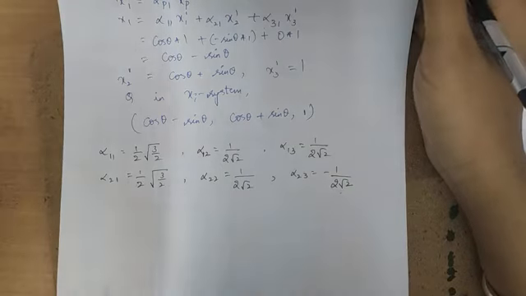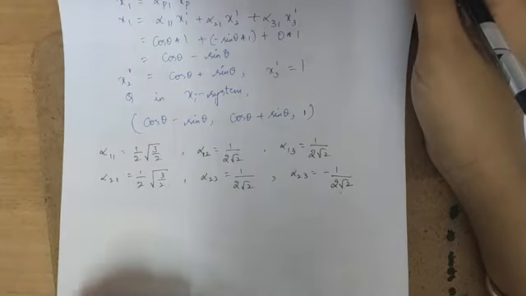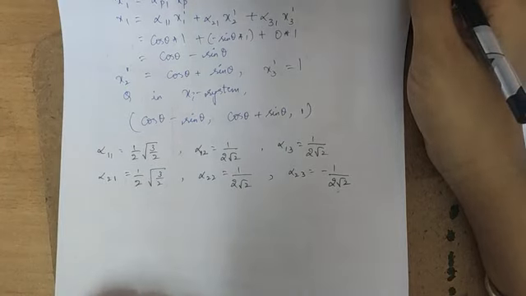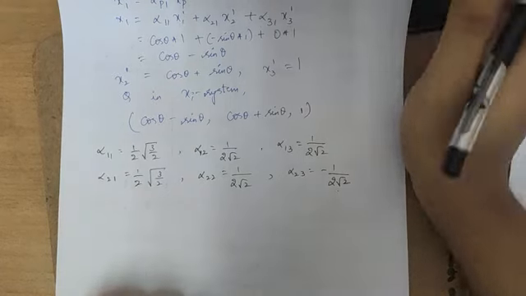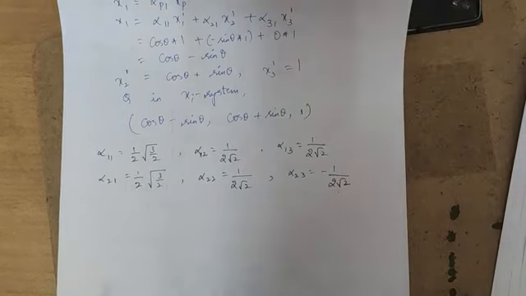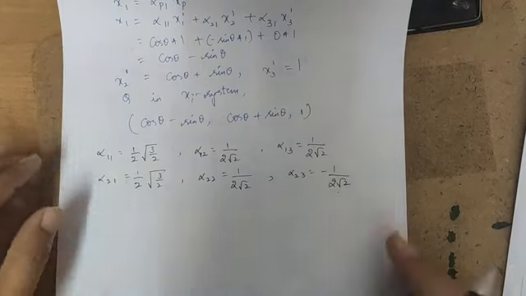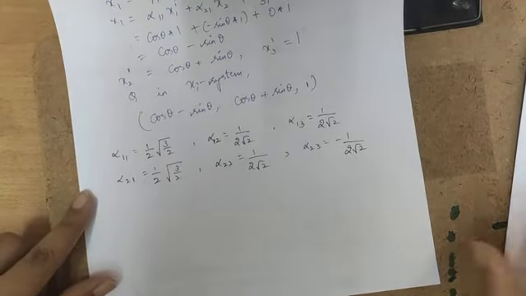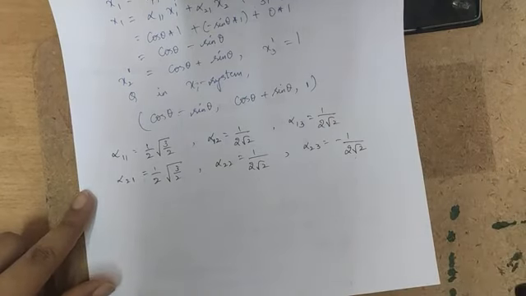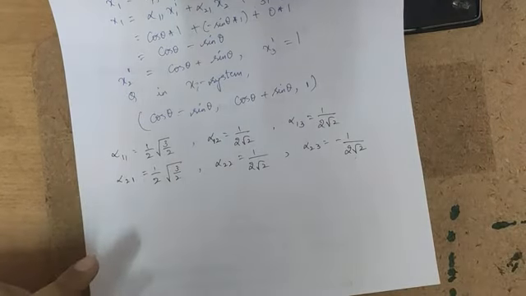To solve this problem, I will use the equations that we obtained when we were discussing the coordinate transformation concept, that is from equation 10 and 11. You can go through your notes. From that I will write equations and I will solve for alpha 31, 32 and 33.